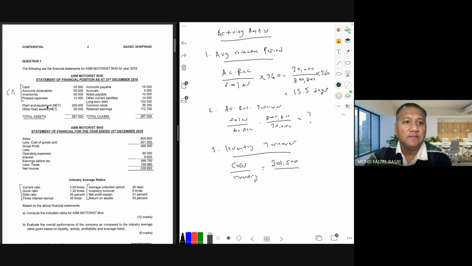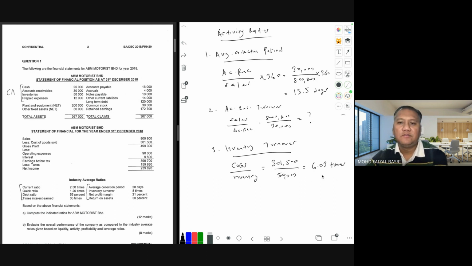And the inventory is from the balance sheet, 50,000. So 301,500 divided by 50,000. So you get about 6.03 times.